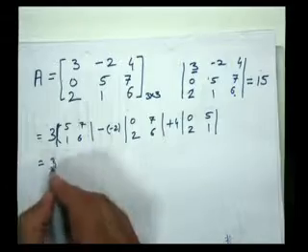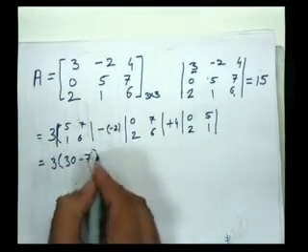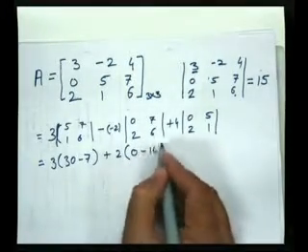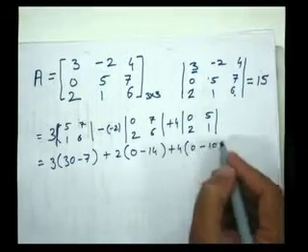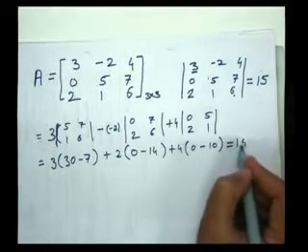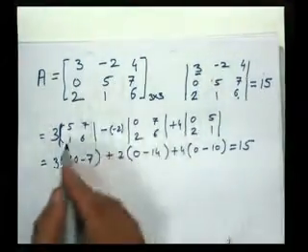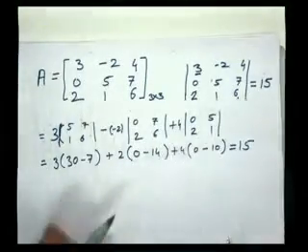So we know that 5 into 6 is 30 minus 7, plus 2 into 0 minus 14, plus 4 into 0 minus 10, and this is nothing but 15. Okay. So here, with the various minors we can find the value of the determinant.